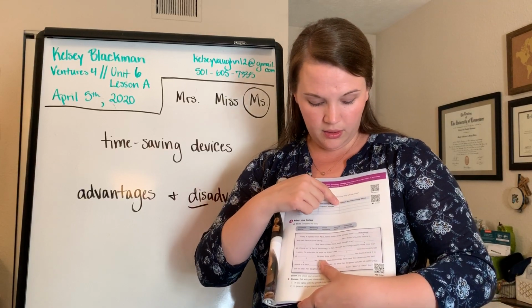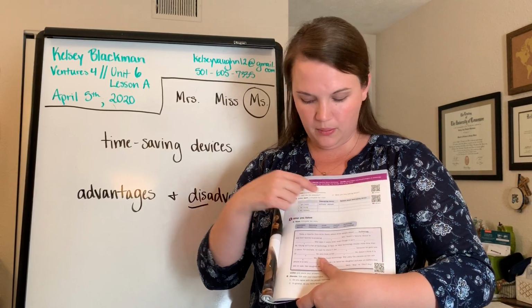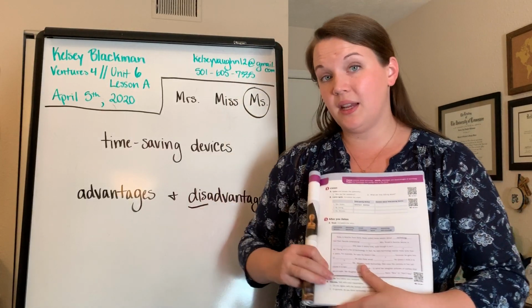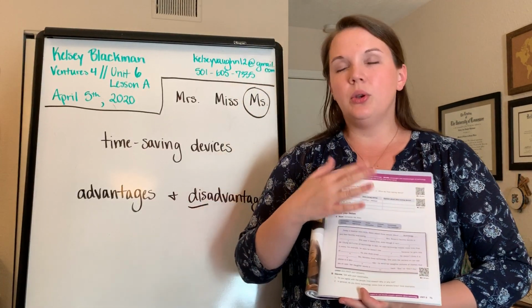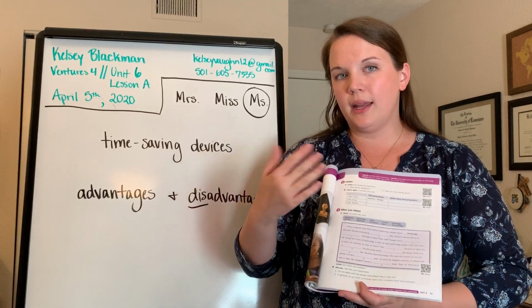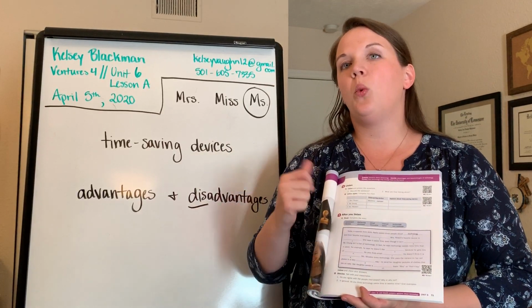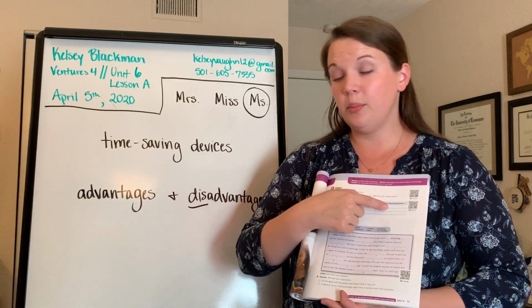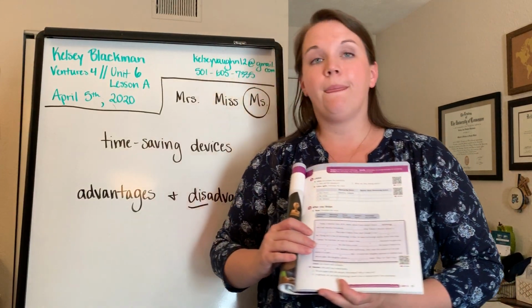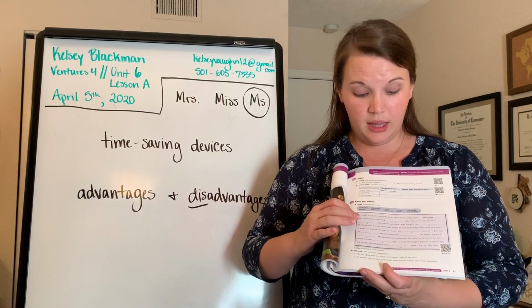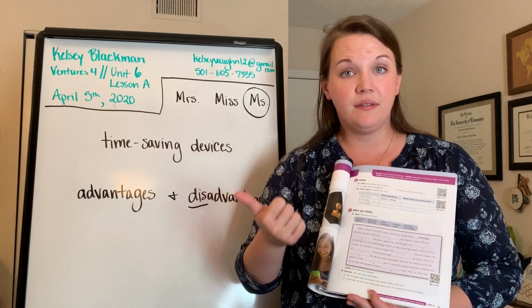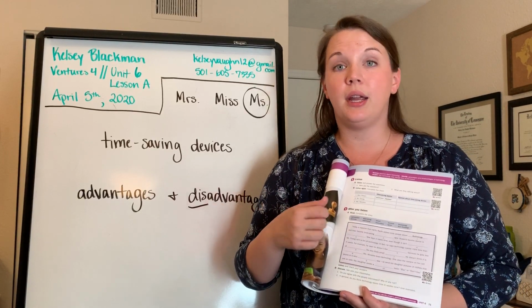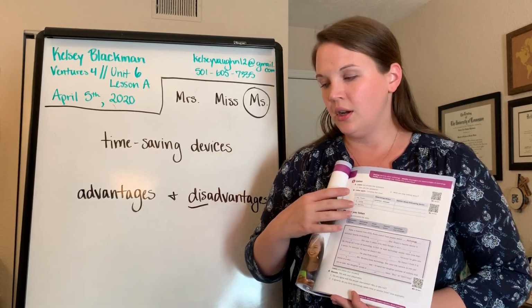And then the question is, what is Mrs. Rosen's opinion about the time-saving device? So you can listen to the audio and guess based on what she says and how she says it. You can guess that her opinion is that the address stamper saves time and is a good thing, or it gives her an advantage.